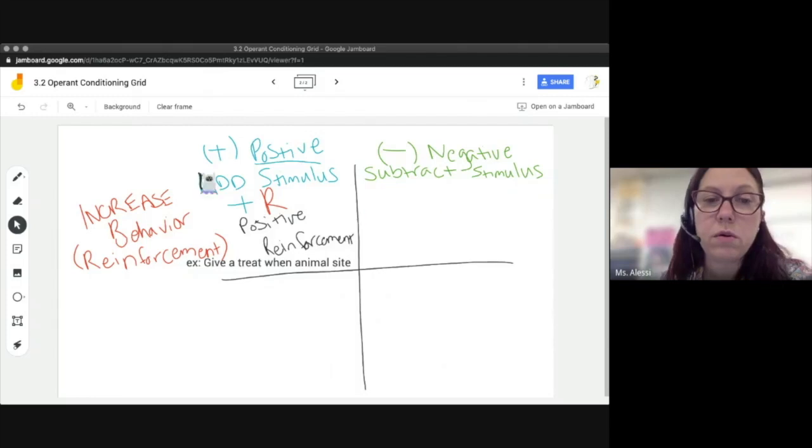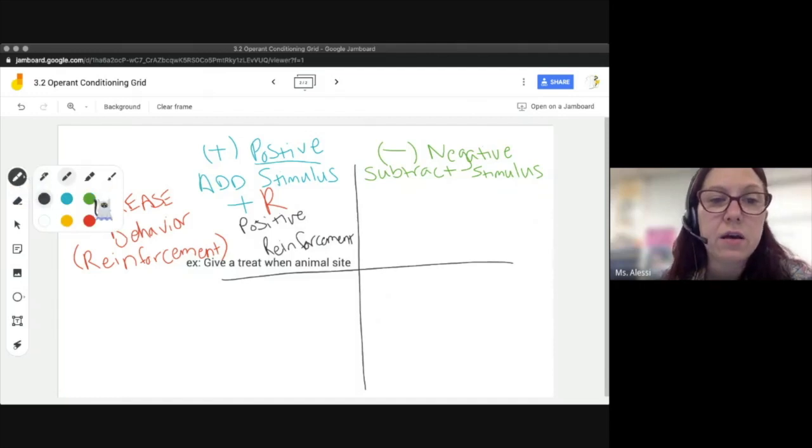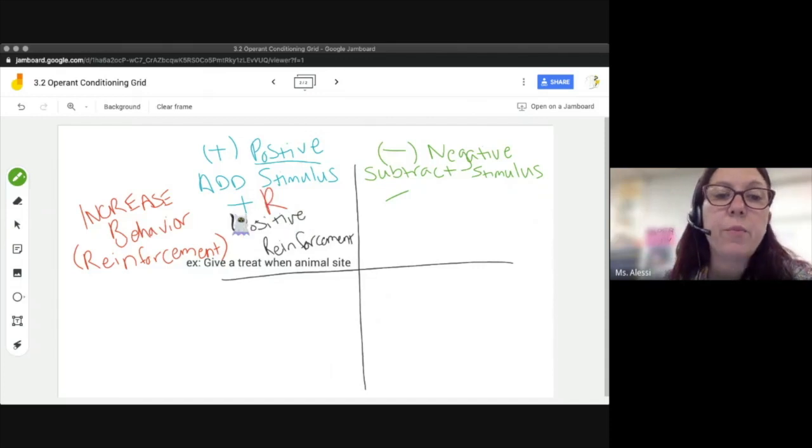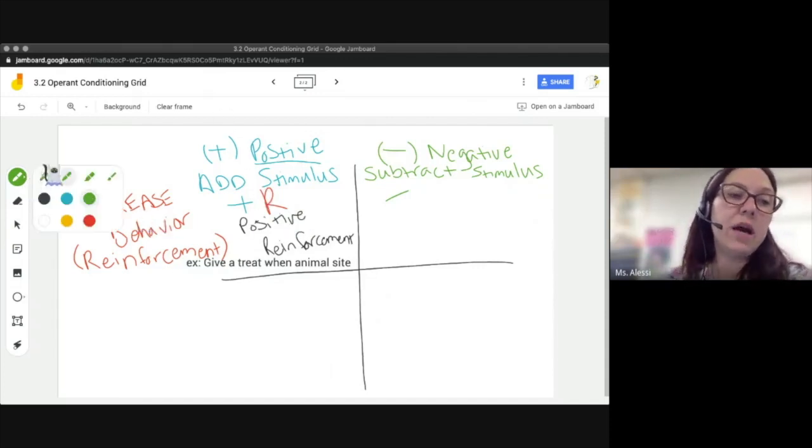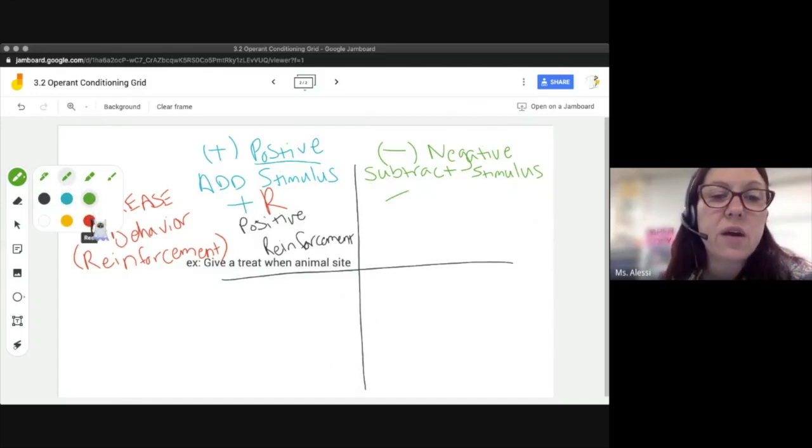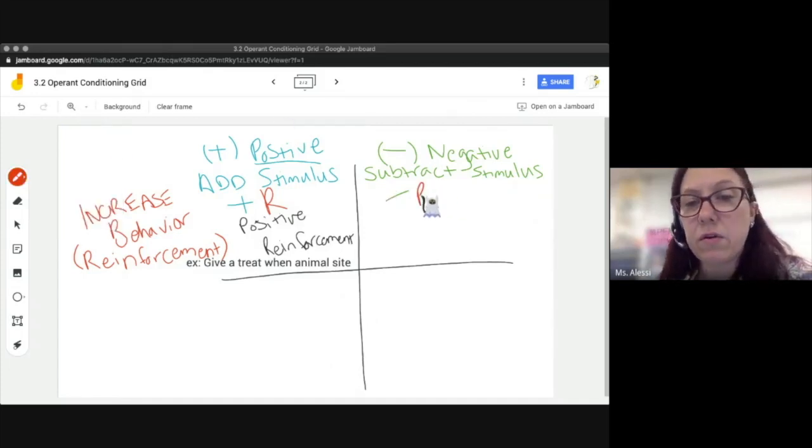Now, if I go down, I'm going to be in this next box. So I've got negative because I'm subtracting, but I still have a reinforcement. So I'm taking away a stimulus because I want to reinforce the behavior.